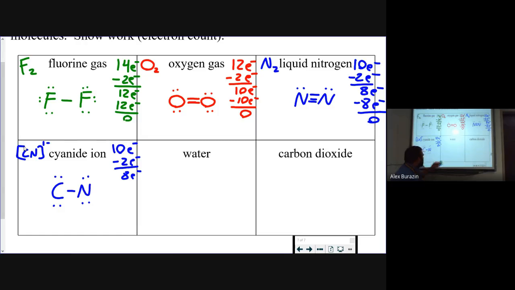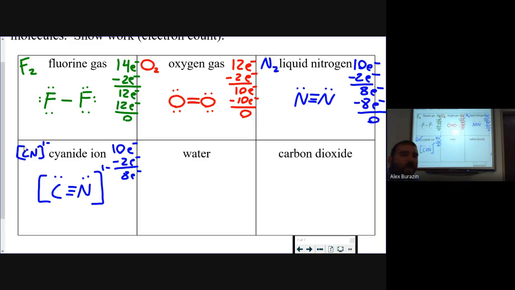If I take one of those lone pairs and make a double bond, the octet rule is satisfied for one of the atoms, but not the other. And if I take a second lone pair on the opposite side and make a triple bond, now I've got the correct structure. The octet rule is satisfied for both of my atoms. That's what we want to see. I need to put this in brackets with a 1 minus charge because it is a charged polyatomic ion. I have to represent that there's an extra electron there somehow. So we bracket out that whole structure and put a 1 negative on the outside to finish up the Lewis diagram.